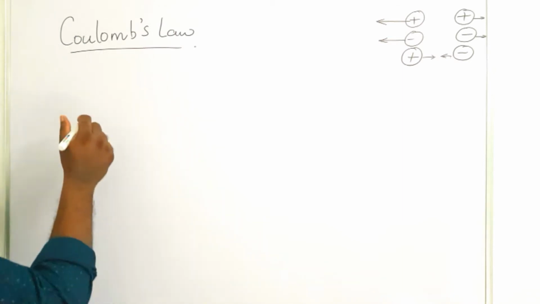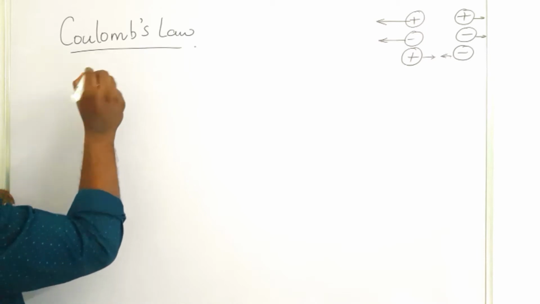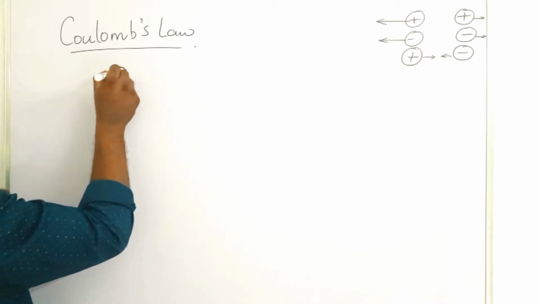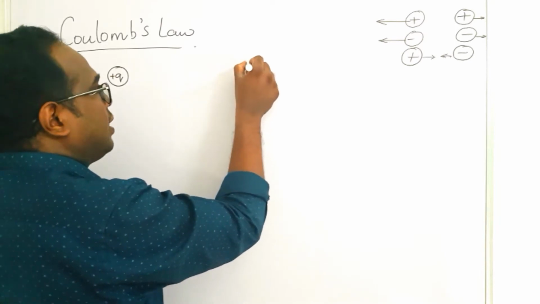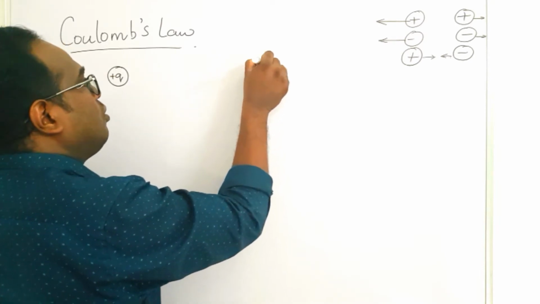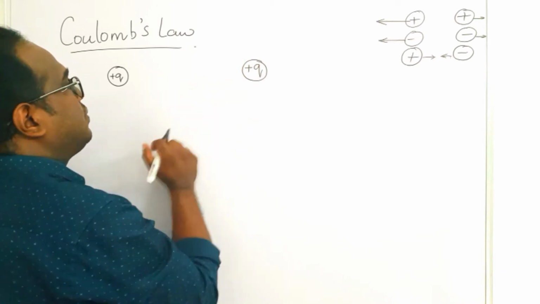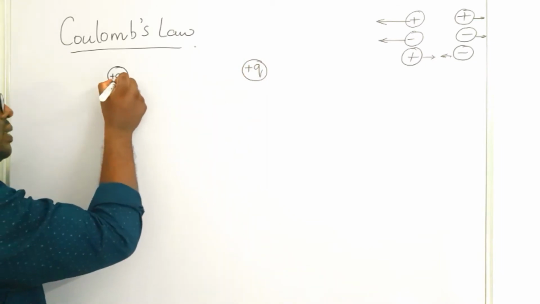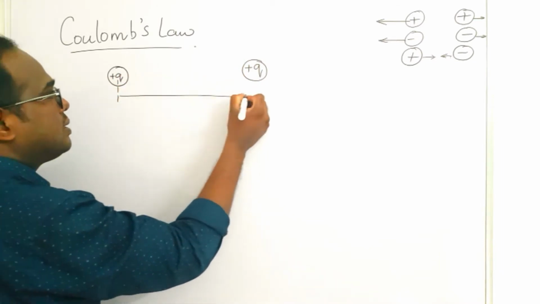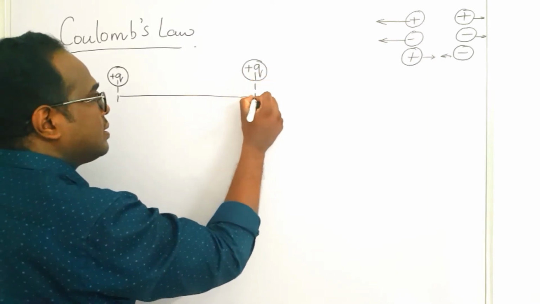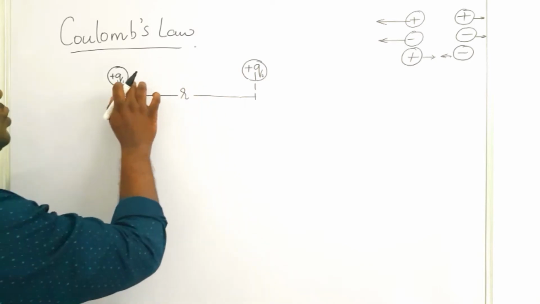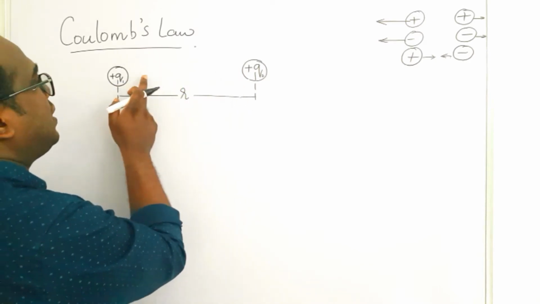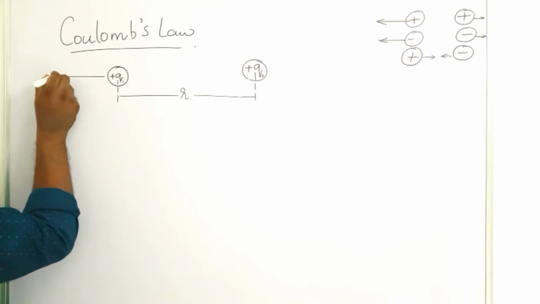Suppose we have two charges, plus Q and plus Q. What will be the nature of the force? This is repulsive, right? These charges are kept at a distance R, Q1 and Q2. This charge will repel the other in this direction.